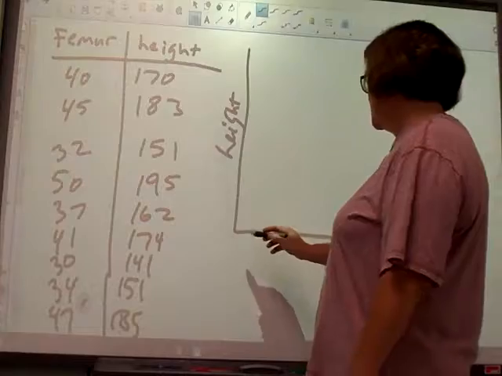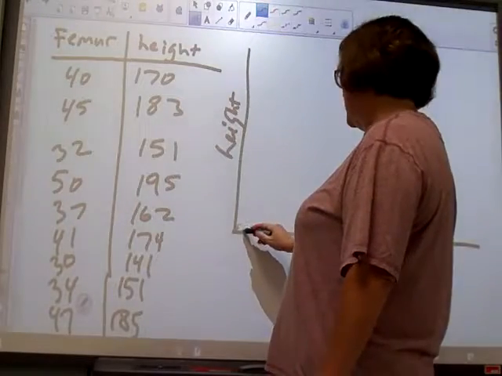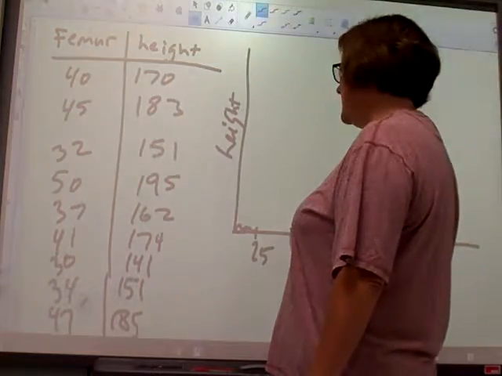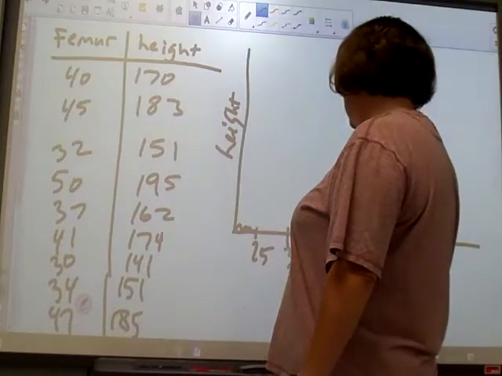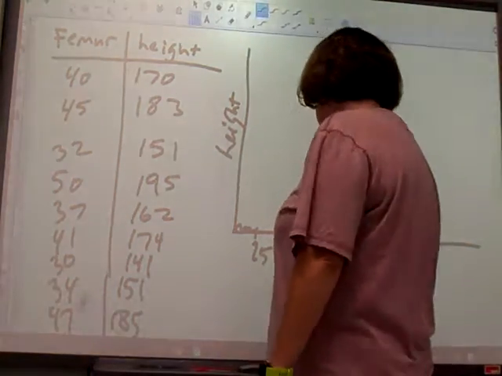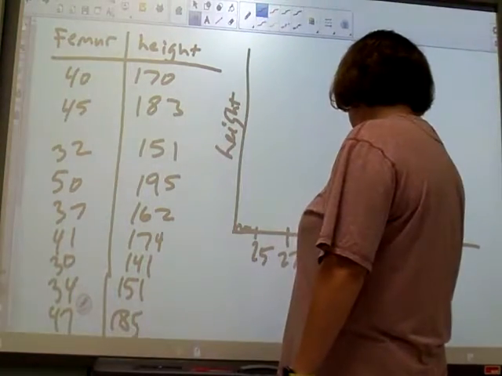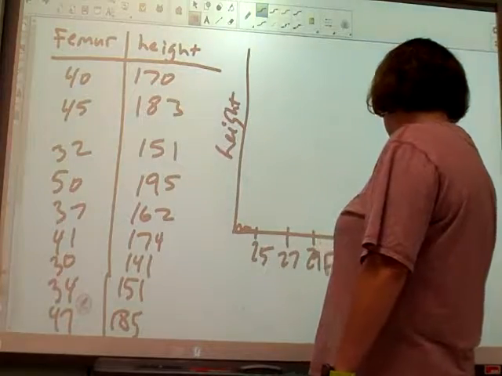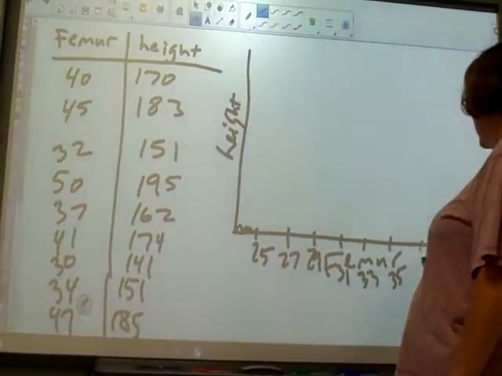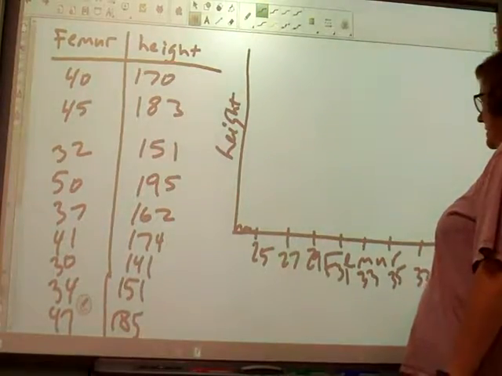So I'm going to start here at 25, and let's go by twos, since there's not as many of those. 31, 33, 35, 37, 39.